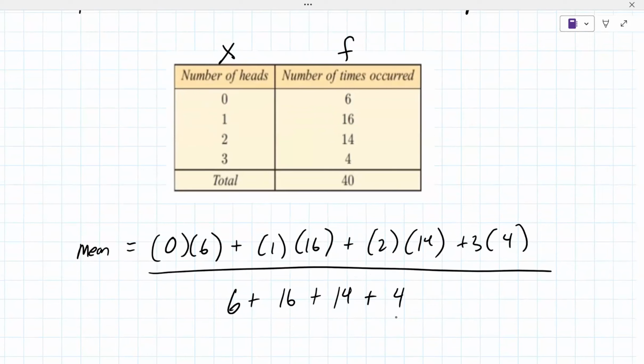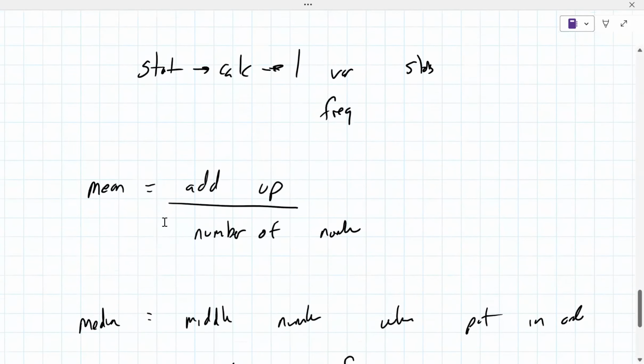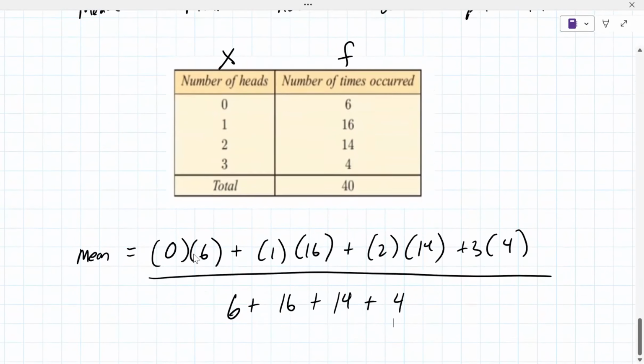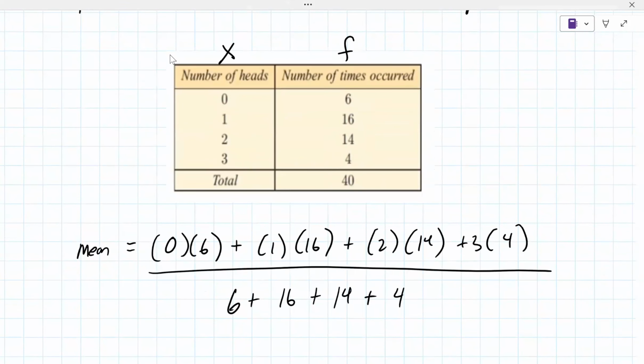You can see where those numbers come from. So why do you have to multiply them together? Let's think about what the data set is. Like we just talked about, there are 6 zeros, so this replaces 0 plus 0 plus 0 plus 0 plus 0 plus 0.